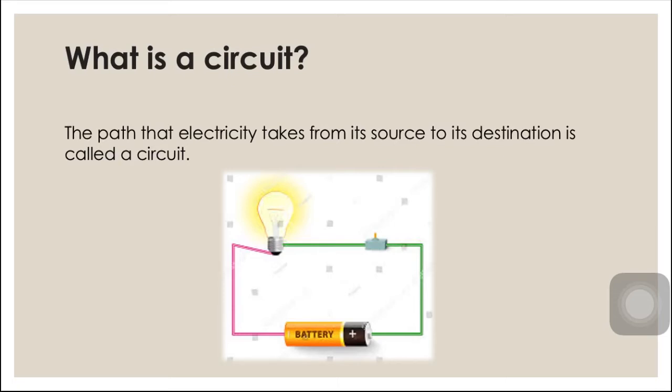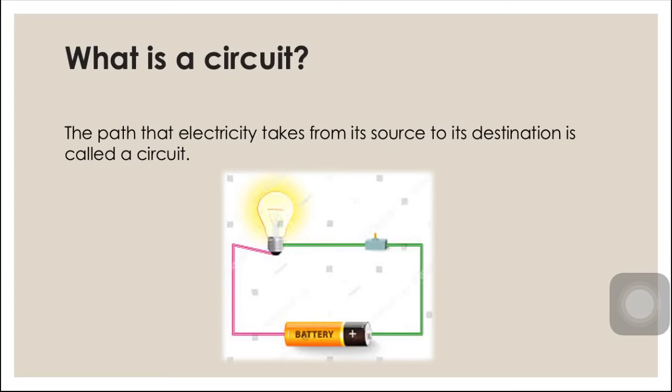As we already discussed, the path or a way that electricity takes from its source to its destination is called a circuit. The electricity is generated in the power station, and through that power station that electricity reaches our home.